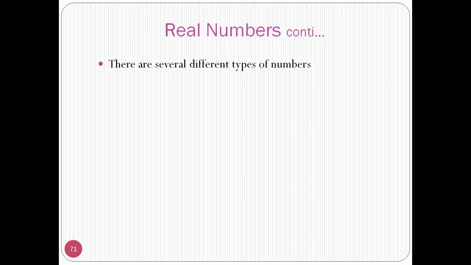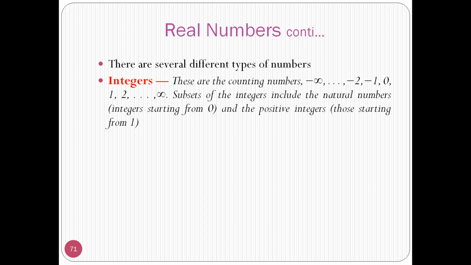Next, with the real numbers, there are several different types of numbers. Till now we have discussed real numbers in general, but now we'll discuss the several different kinds of numbers which are used in computers. First we start with the integers.